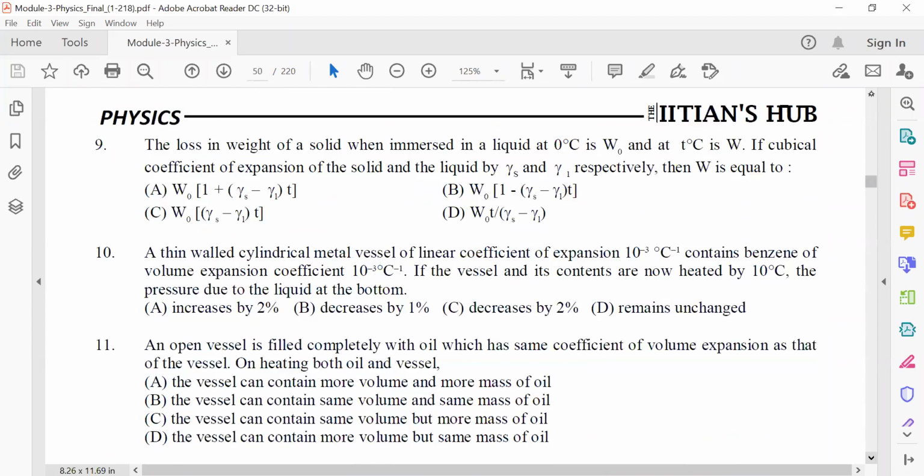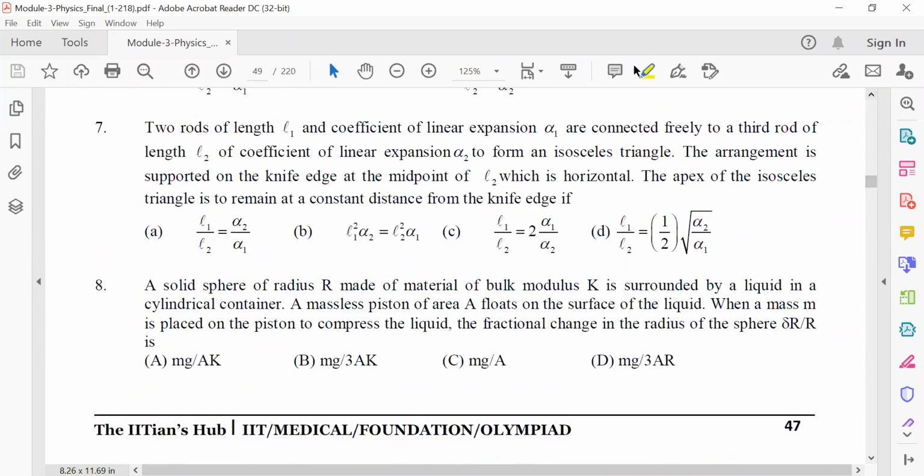Then the eighth question you leave out because it is again based on bulk modulus of elasticity. That is in the elasticity chapter, so leave this out for the moment. We will do this when we do elasticity.